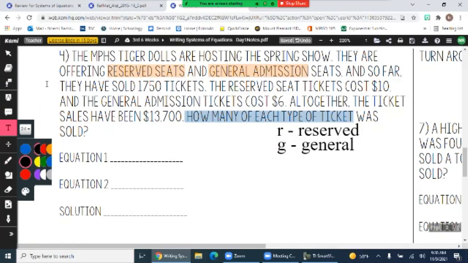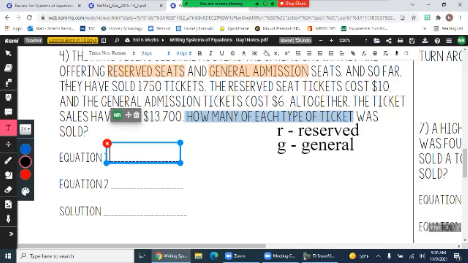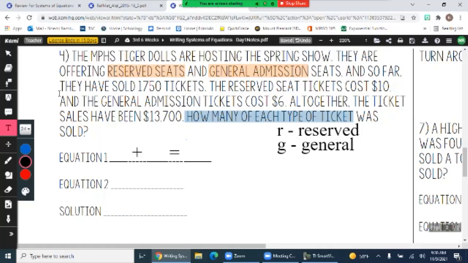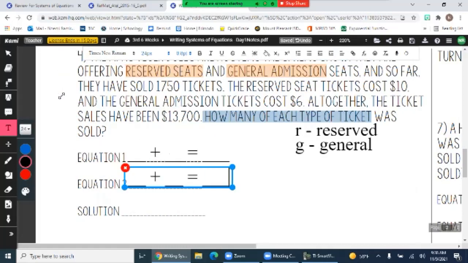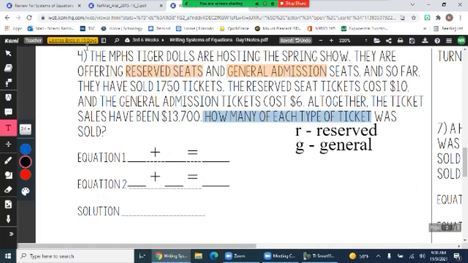So my equation. There we go. So we found the variables.